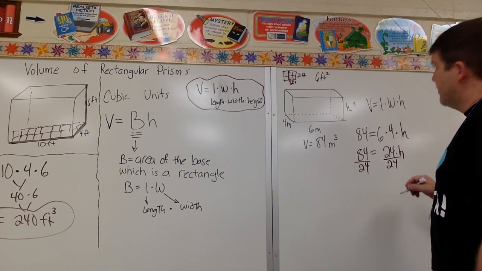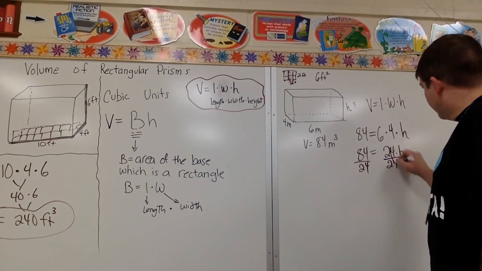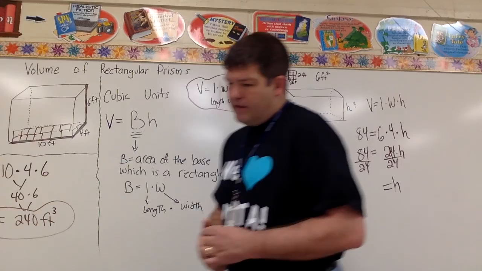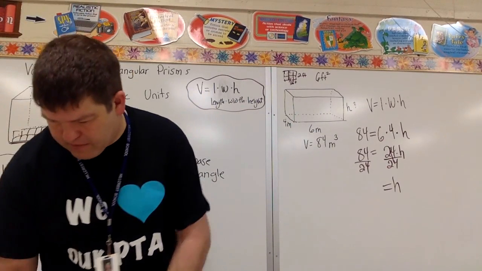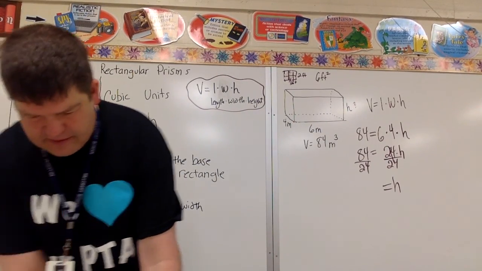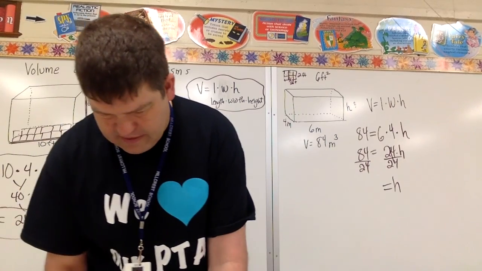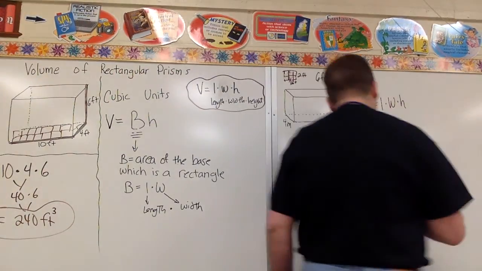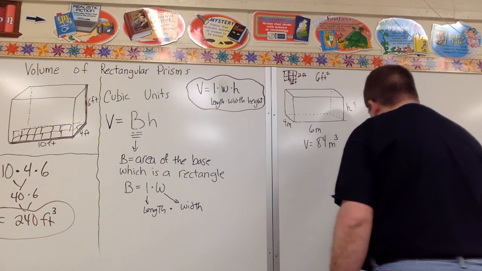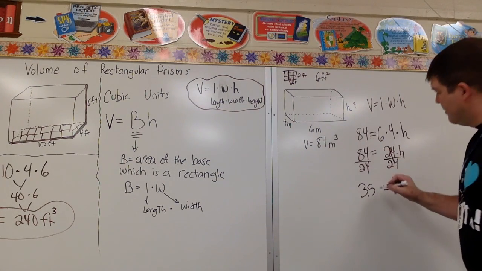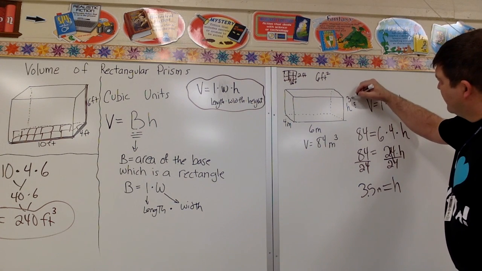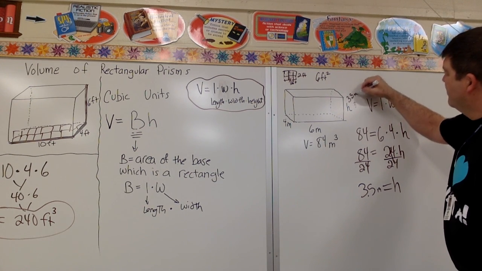When I do that, this gives me h equals 84 divided by 24, which is 3.5, and it's meters, so 3.5 meters. So the height equals 3.5 meters.